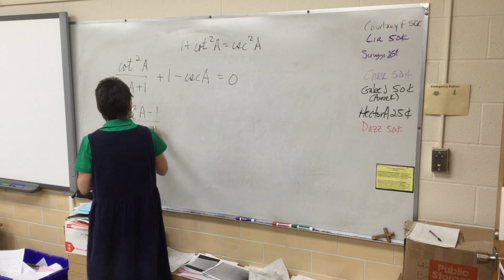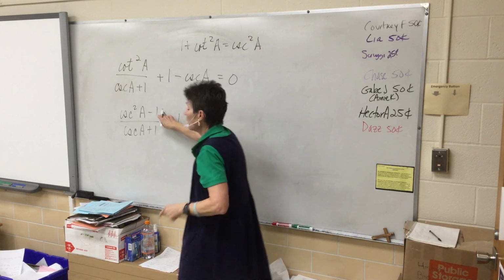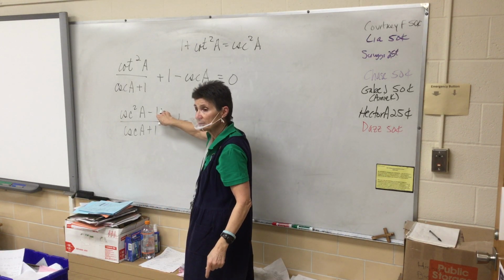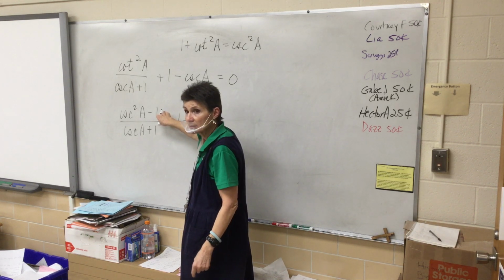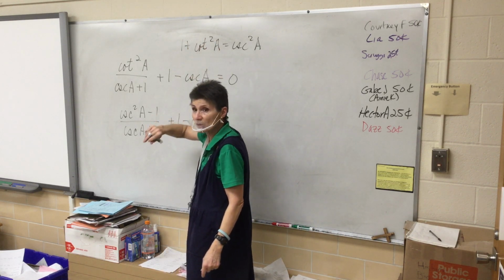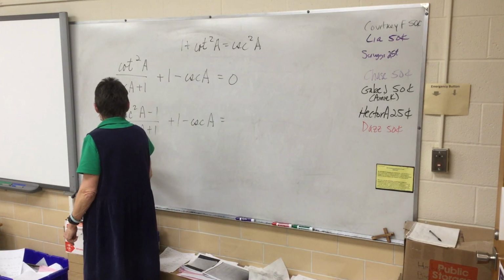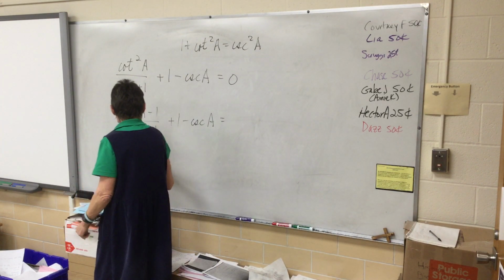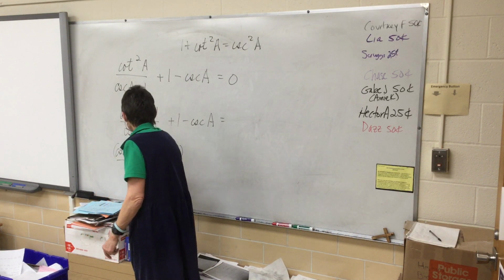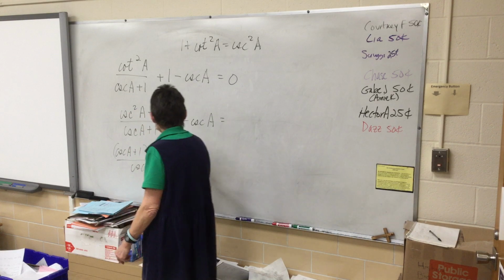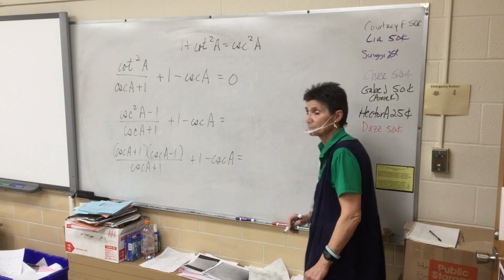Now tell me about cosecant squared minus 1. What about that? It's the difference of squares. All these things, when you start doing them, are going to end up being the difference of squares. So that's the cosecant plus 1, the cosecant minus 1. What happens now?